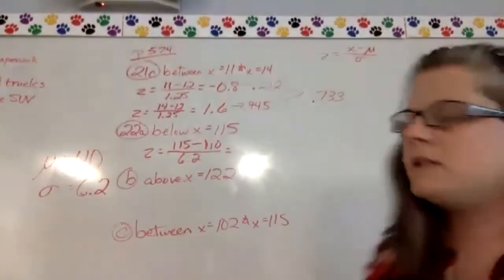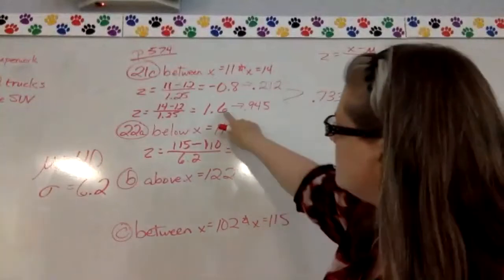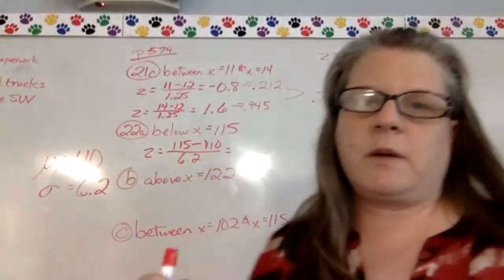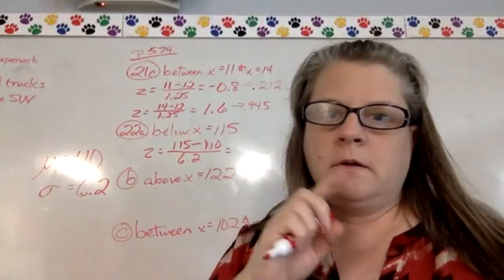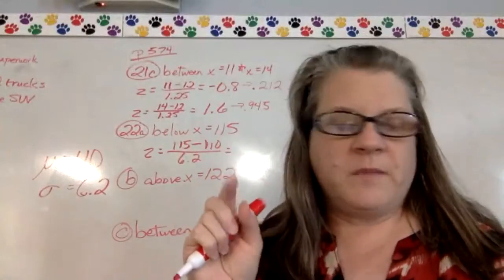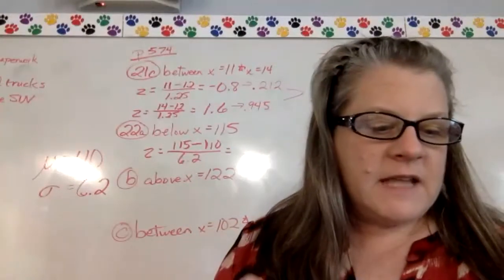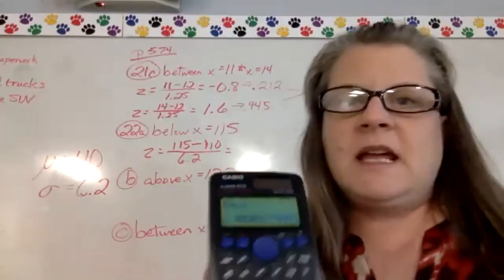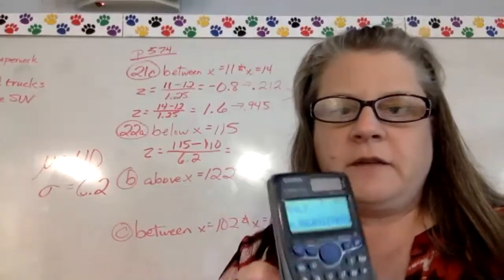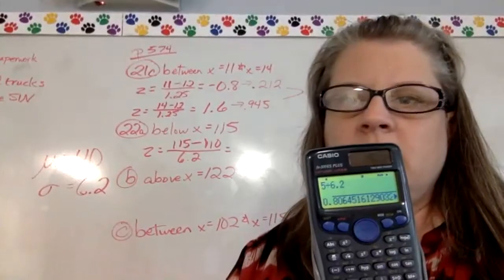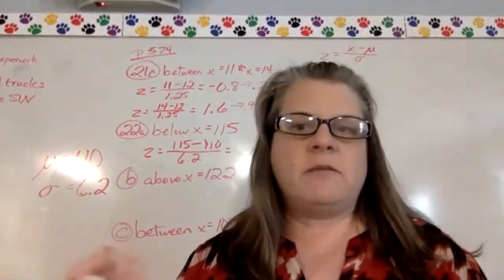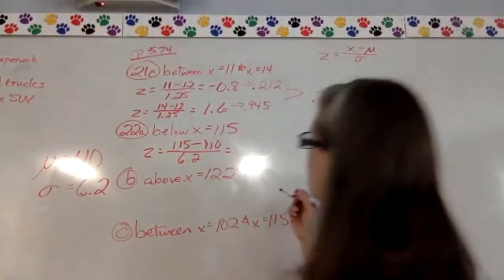Now you'll notice though, when we're talking about our z-scores, they're always rounded off to the nearest what place? 10th, one decimal place, right? So if I'm going to take this big thing, is 0 going to change the 8 in the front? No. So it's just going to be 0.8, okay?